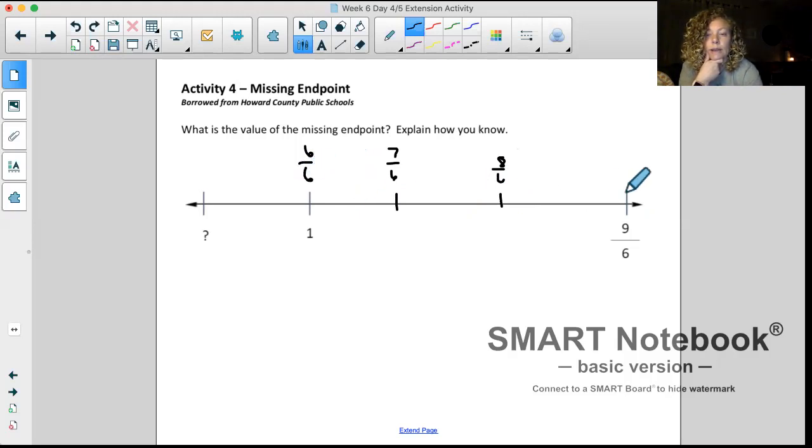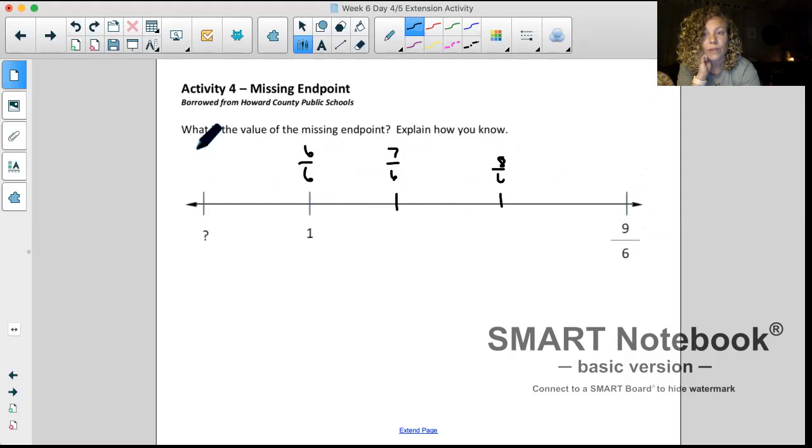I'm noticing that each of these parts is about the same as this distance here. So I can look and go backwards, right? Because I have everything from this end over. So I have 9/6, 8/6, 7/6, 6/6.